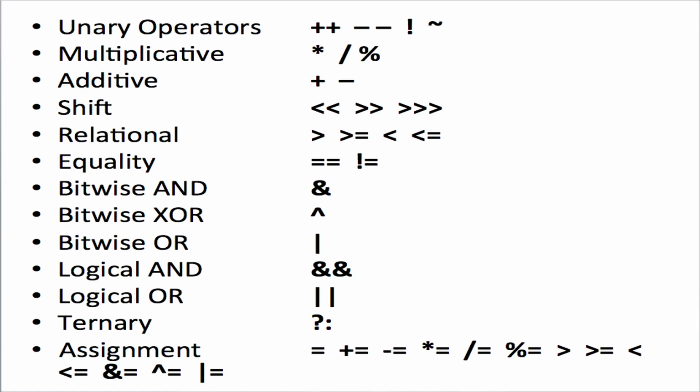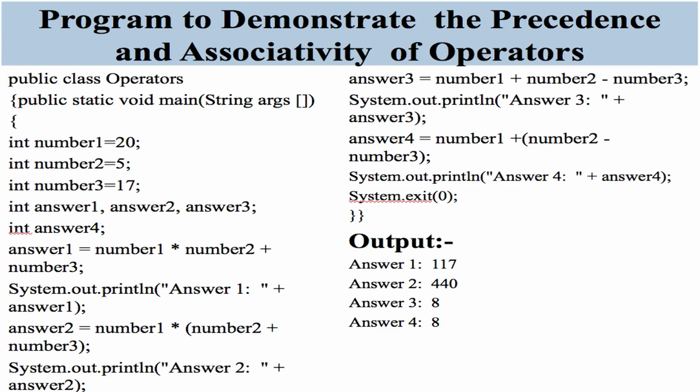Again we have different tables. Here also you can see the same priority given in descending order. So these are the precedence and associativity. Now finally you can see an example of this precedence and associativity. We have number 1, number 2 and number 3.